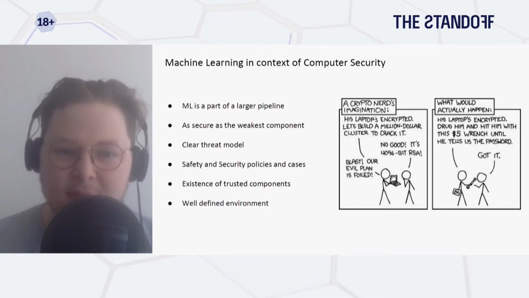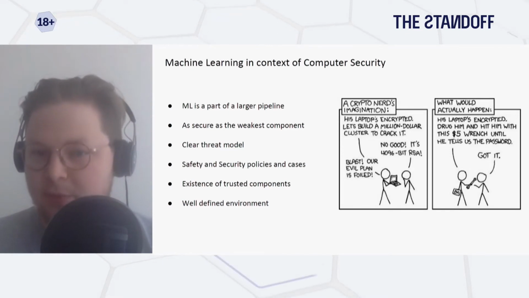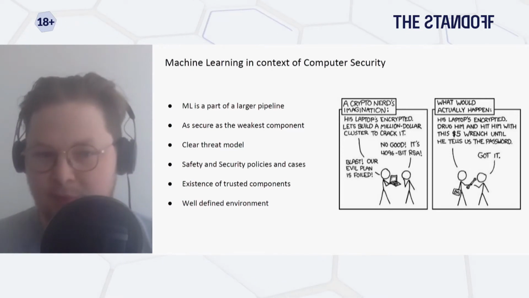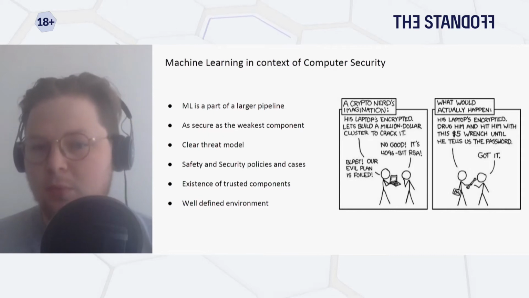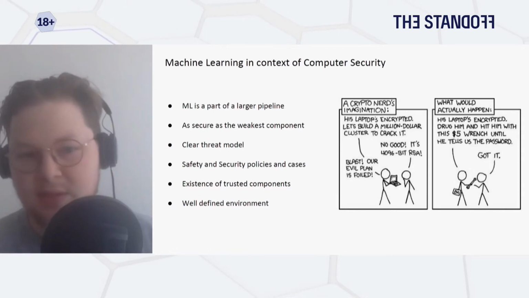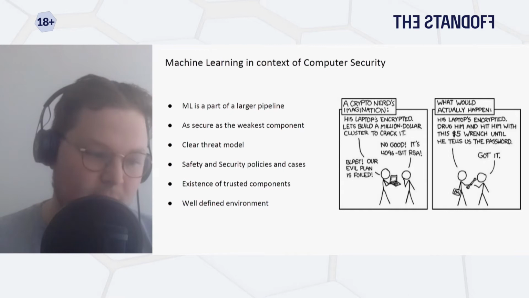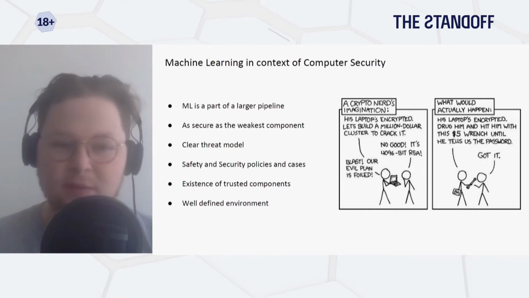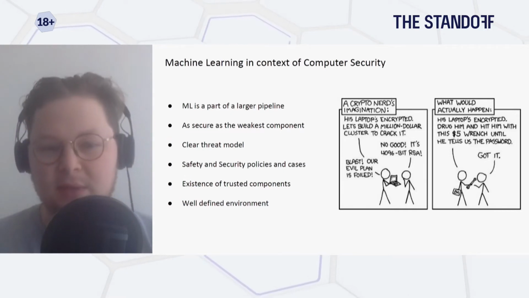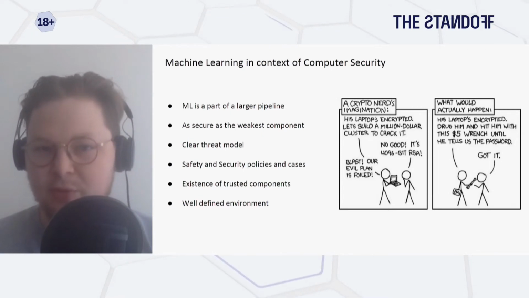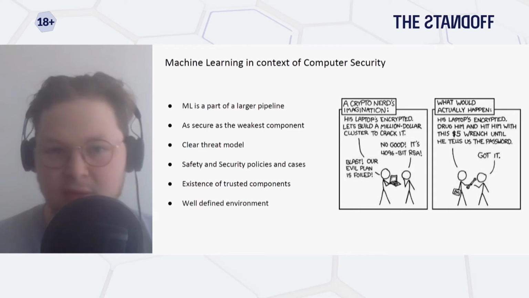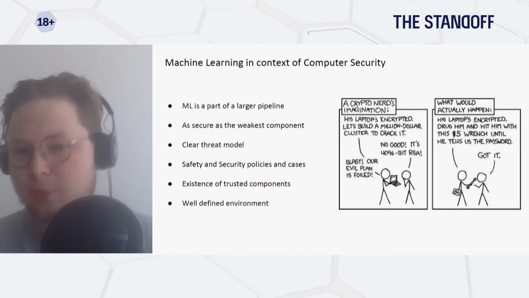There is a very clear existence of a trusted computing base, so you always know exactly what can actually break your security policy, and you always know what the underlying assumptions within the system are. And the other important thing is there is a very well-defined environment, namely you precisely know in what environment your system should operate correctly, and if you take it to another environment, then it should stop working.